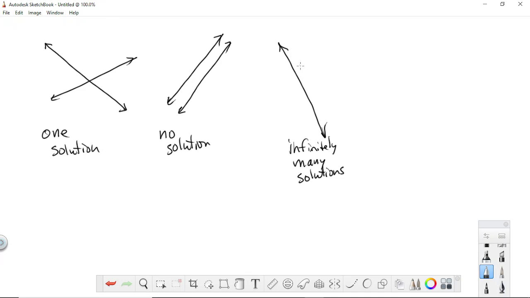So it's a whole bunch of ordered pairs. Any ordered pair on the line works, and we just say infinitely many solutions. So that's the three possibilities, and that's enough examples for today. So that's all, and I will see you later.